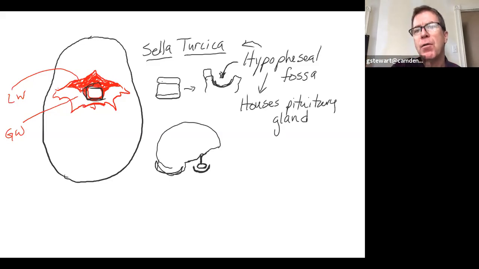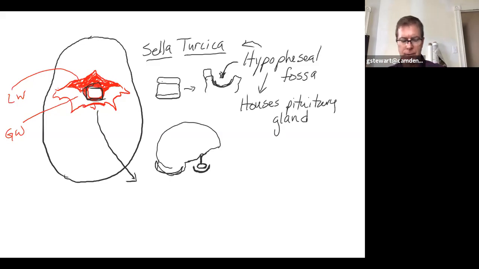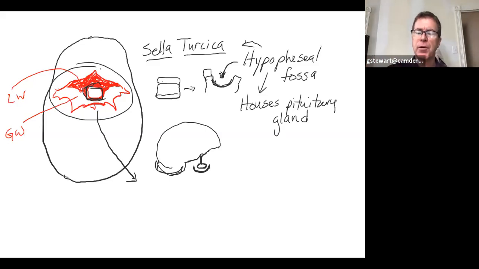If we take this bone out of the skull, this is hard to do conceptually, it's a bit challenging, but we've looked at a top view, bird's eye view. If we look at it from the front or back, this is kind of what it looks like. This isn't perfect.